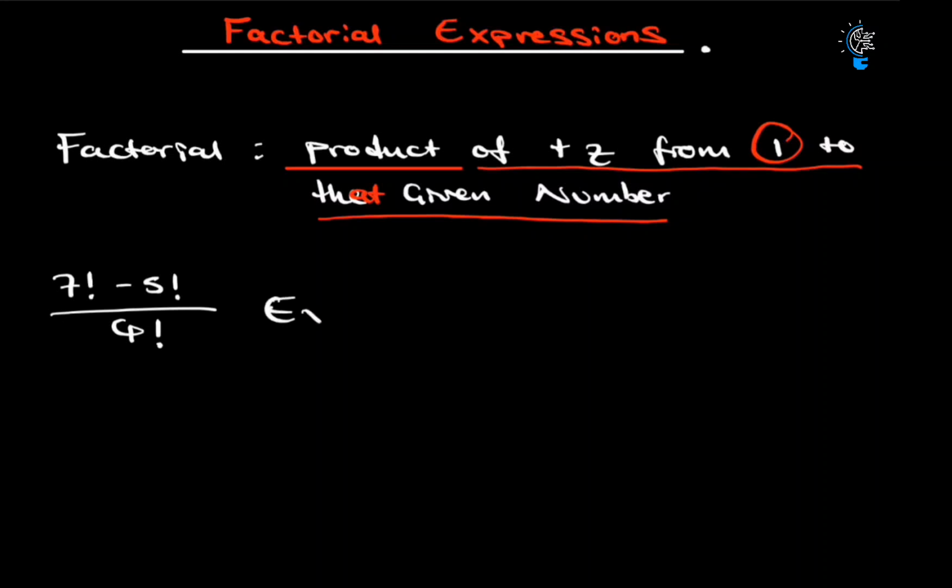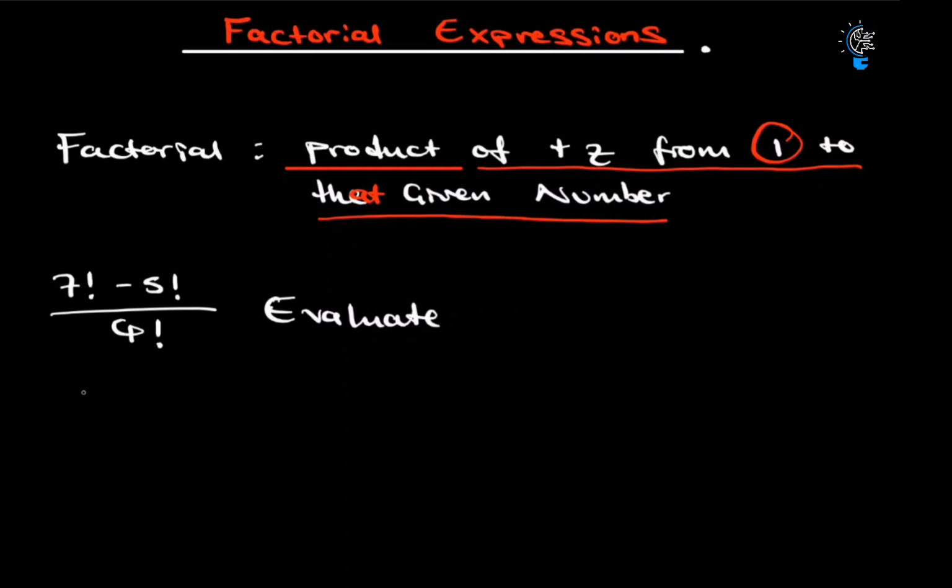Then we are told to evaluate this particular expression. How do you go about it? Remember, we have a negative there, not a multiplication. If you are given an expression like this one, you need first to find the value of each part, then evaluate it. Okay, let's do it.